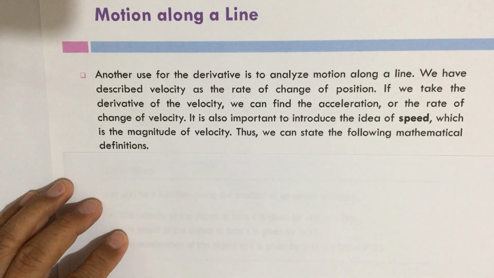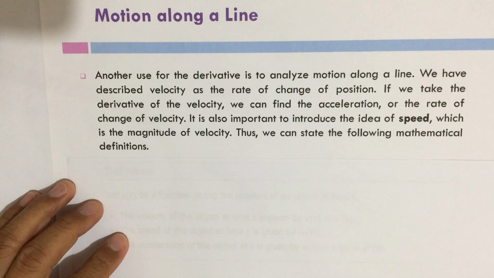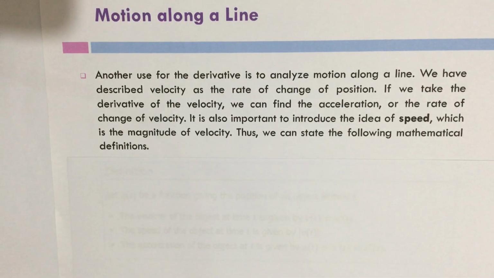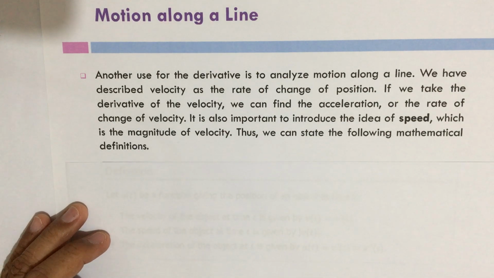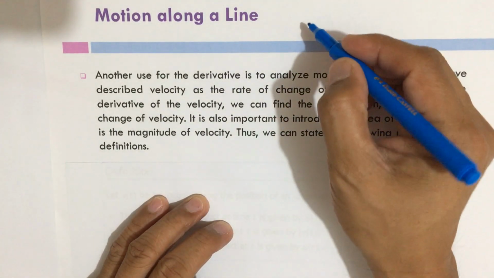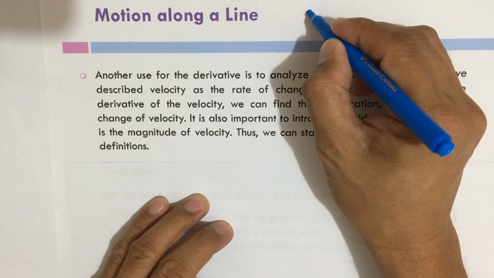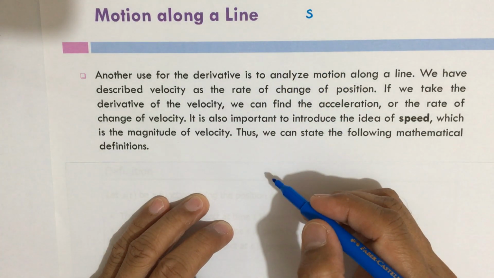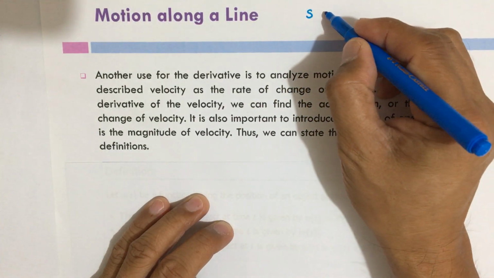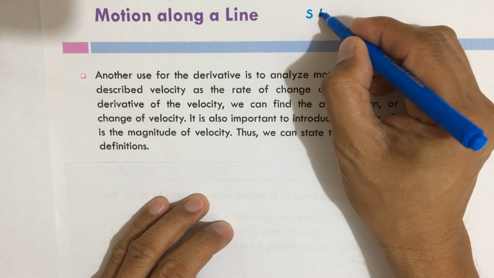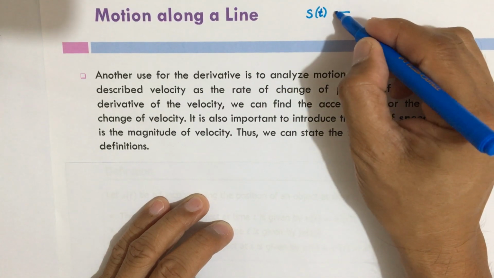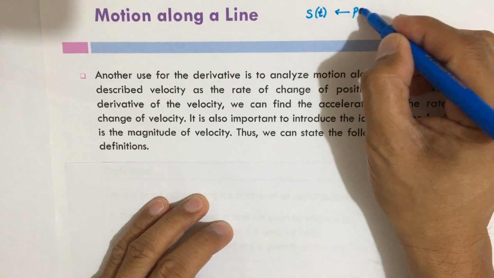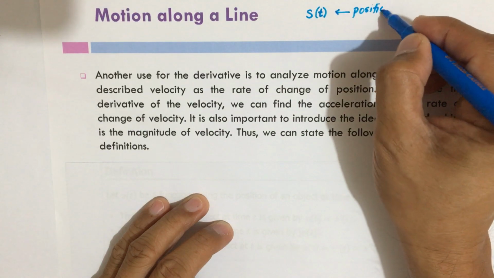So before these mathematical definitions, I would like to emphasize to you, tell you in advance, that what we need to know and remember about this topic is just these three things. So we have S, which is the position. We can call this S of t. So this is what we call the position of the object.